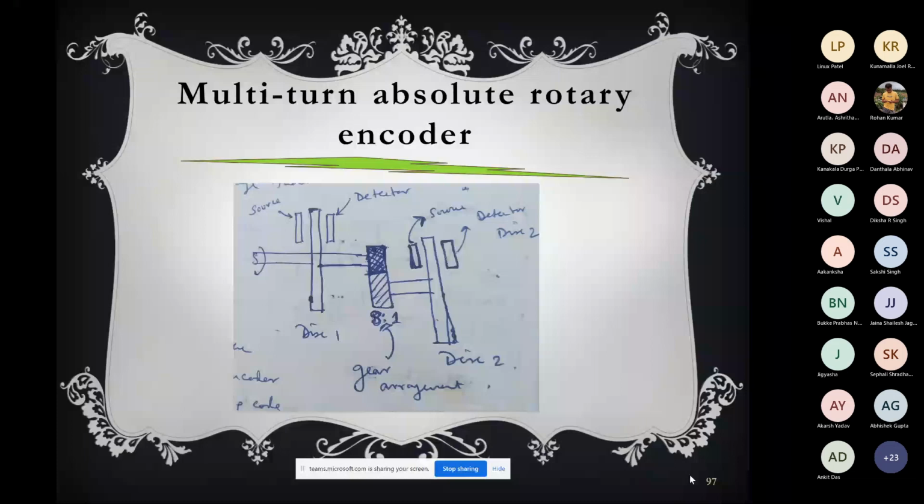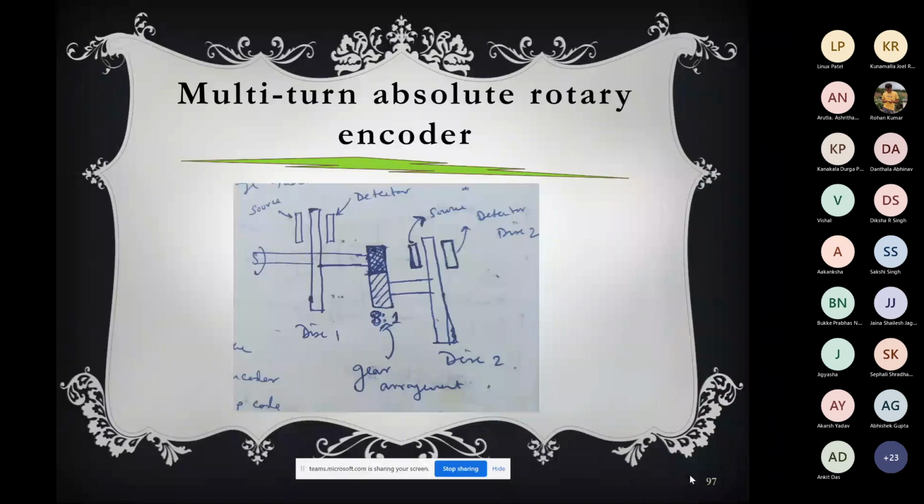Let us give some specific numbers so that it will be easier to understand. Say disk 1 has 10 tracks and disk 2 has 3 tracks. If disk 1 rotates one full cycle, 360 degrees, the resolution will be 360 by 2 to the power 10, or 360 by 1024.